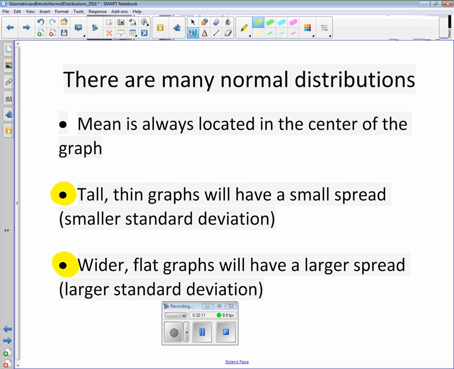Okay? So what I'd like us to do is I'd like us to be able to match some given normal distributions with some proposed mean and standard deviations, because we know that standard deviation is spread and that the mean is the measure of center. And again, this will be on School Fusion if you didn't get it written down.